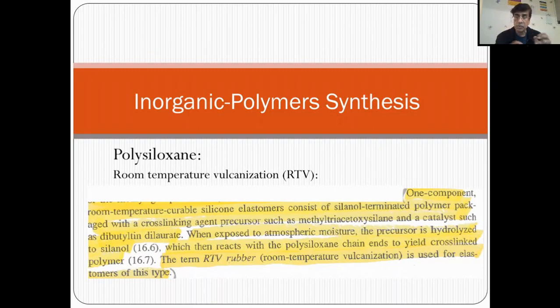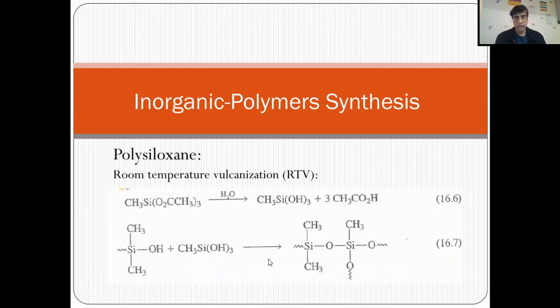And then these 3 OH groups start doing the cross linking with the polysiloxane polymer. Now look at this equation. This is what I'm talking about. This is the triacetoxy group, and this is the methyl group. And this is your polysiloxane.